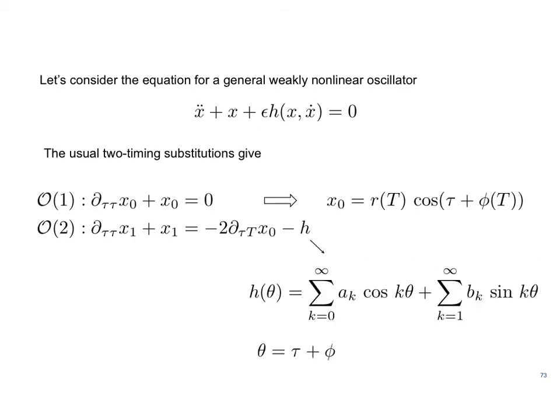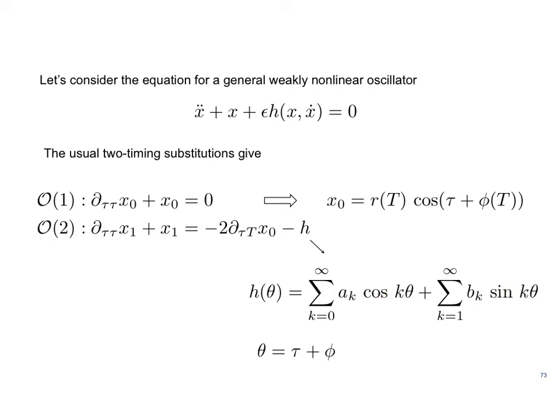Now the last step is assuming the shape of h. We will say that h depends first on theta. This is just a transformation, so we collect tau and phi in theta as in here. Also we say that h can be expressed as a Fourier series, so we make an infinite sum of cosines and sines.